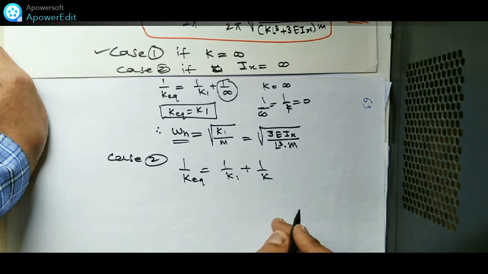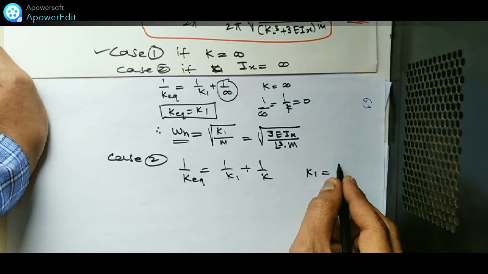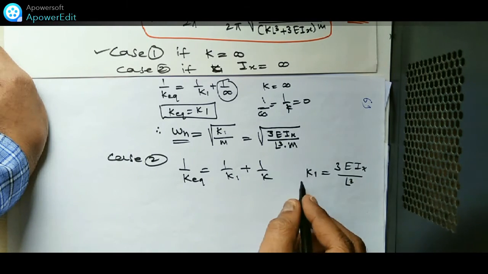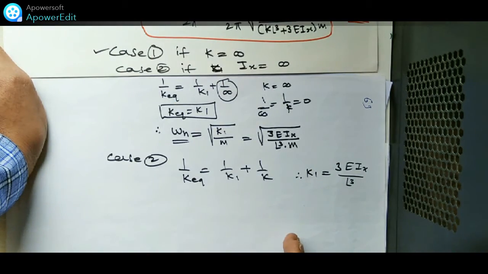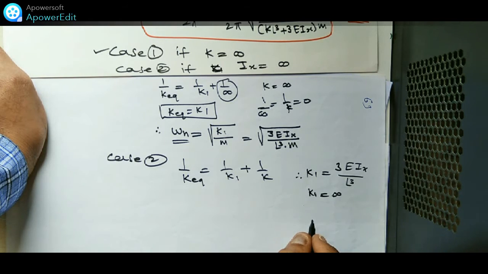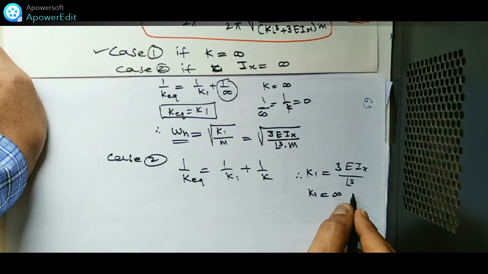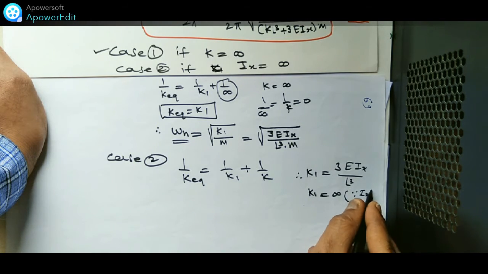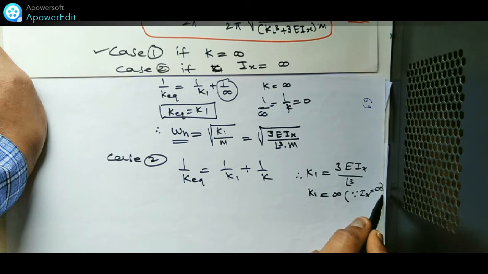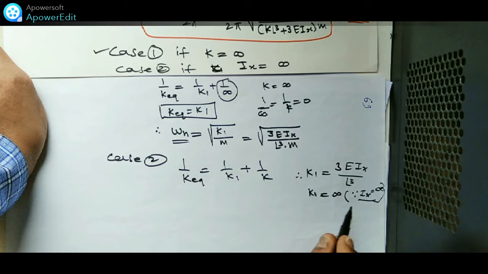And the value of k1 we know, 3EIx divided by L cube, which we already derived. If Ix is infinite, then k1 is infinite.